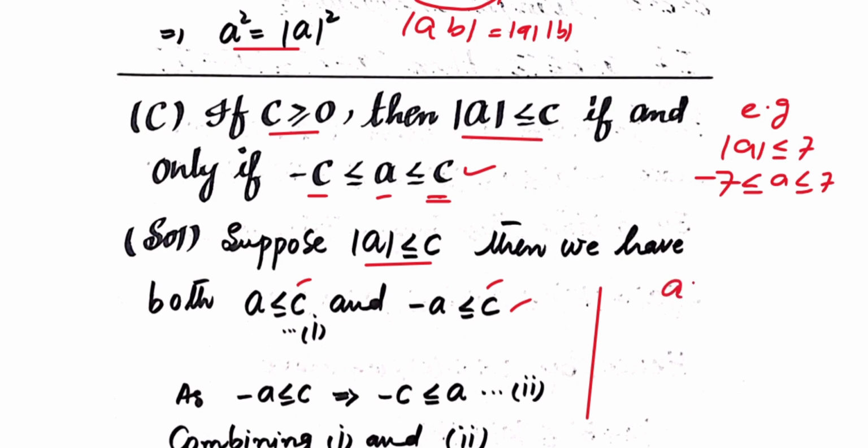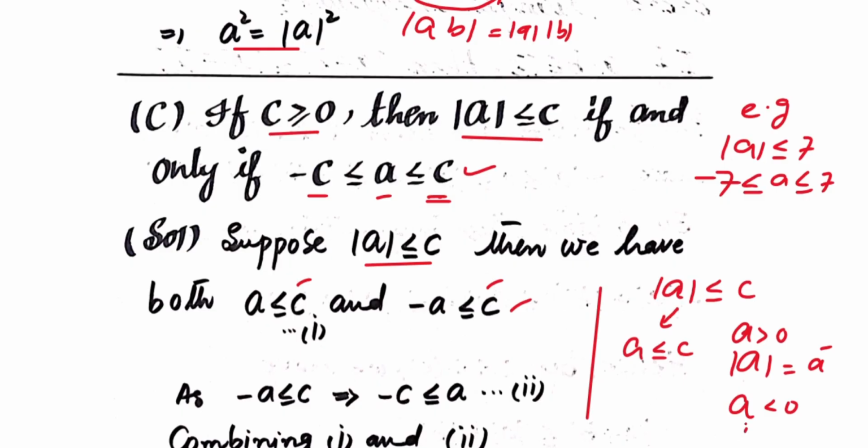This depends on the value of A. If A is greater than 0, then absolute A is simply equal to A. So in this case we have the first inequality, A less than or equal to C. If A is negative, then absolute A is equal to minus A. In this case, again we have the inequality minus A less than or equal to C.